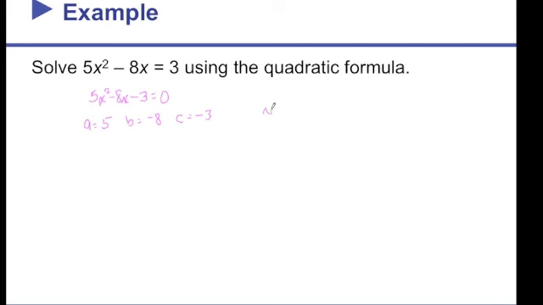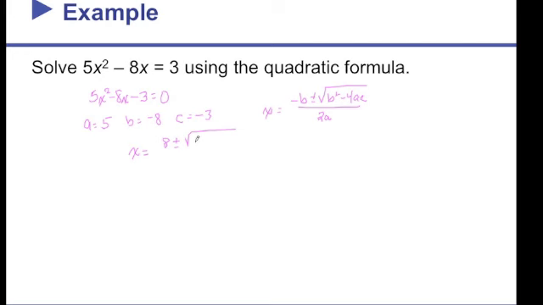We're going to use x equals negative b plus or minus the square root of b squared minus 4ac, all over 2a. So using that with these variables, negative b, so negative of negative 8 is a positive 8, plus or minus the square root of b squared, negative 8 squared.